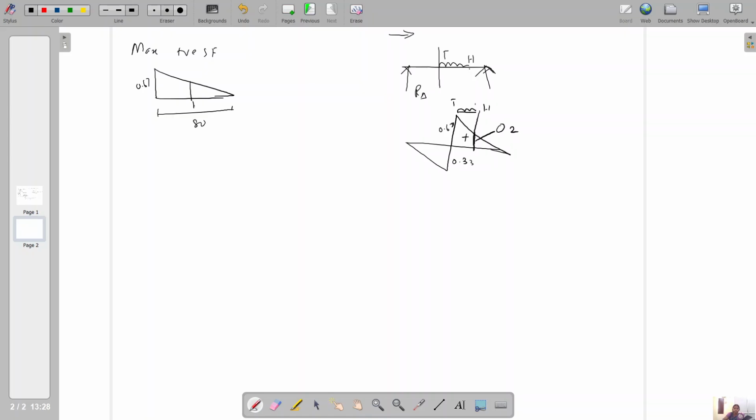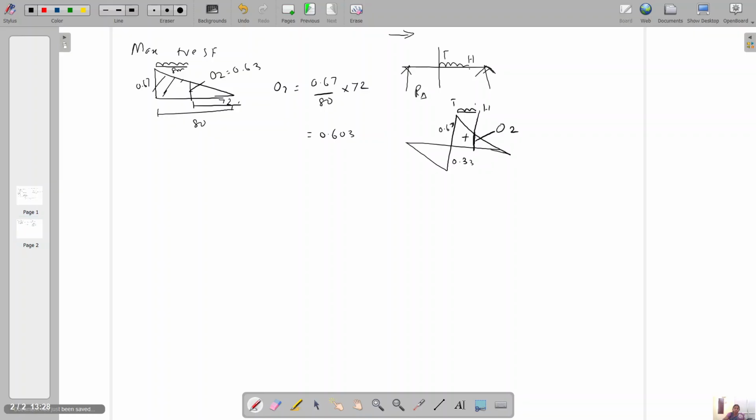The loading distance is 8 meter span, so 80 minus 8 is 72. So O2 equals 0.67 by 80 into 72, 0.67 into 72 by 80, which is equal to 0.603.